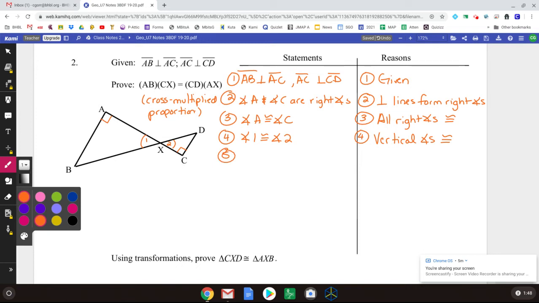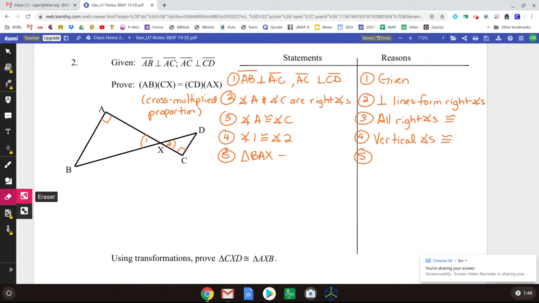So now that I have two sets of angles equal, I'm going to say that my triangle BAX is similar, almost wrote congruent there, similar to triangle DCX, making sure my letters correspond, and that's my angle-angle theorem.